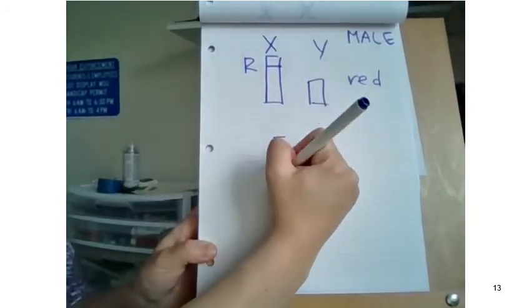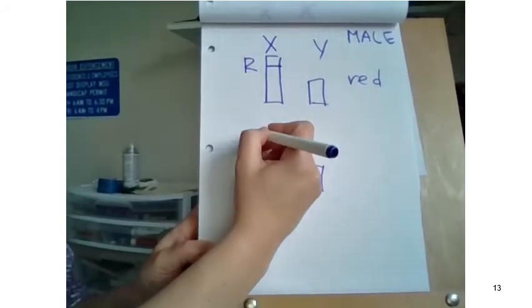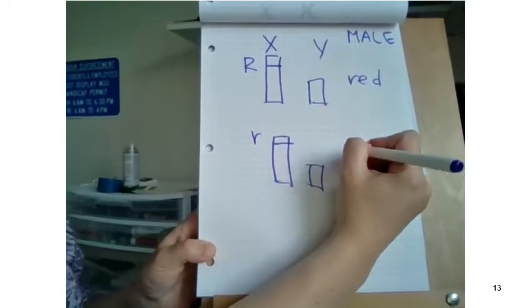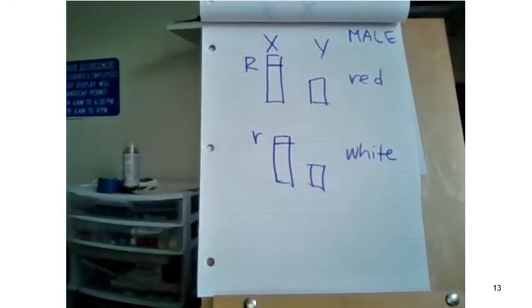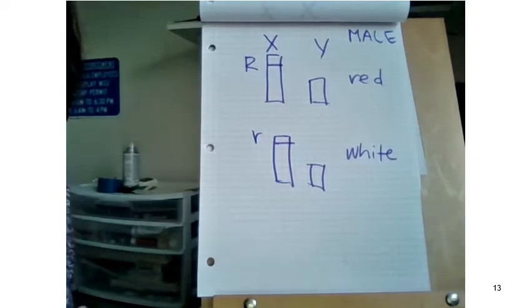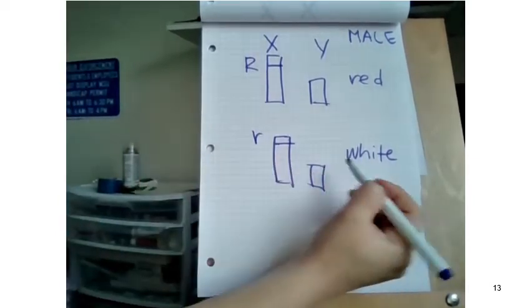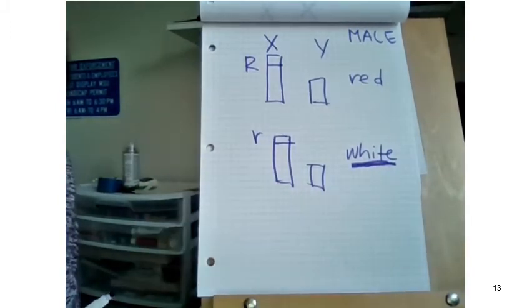The other possibility is that on this X chromosome, they could have a recessive allele and have white eyes. And that's it. There's no third option, and that is because it can't even be heterozygous. There's only one chromosome that has the allele on it. And so now there's a much greater chance that the males are going to be white than red. That chance is much higher in the males than in the females.